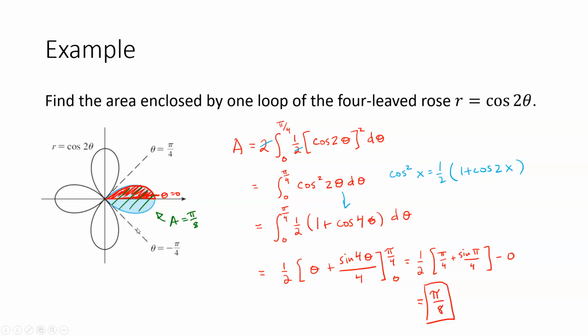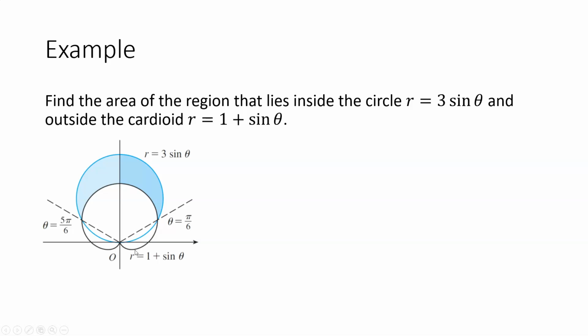Okay, so let's try another example. In this case, we want to look at the region that's between 2 curves. Well, this is a little different than what we just did. So let's think about how we can set this one up. Now the idea is similar to what we were doing, but we've got an inner and an outer curve.